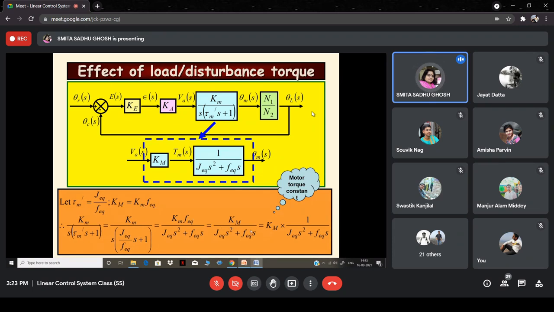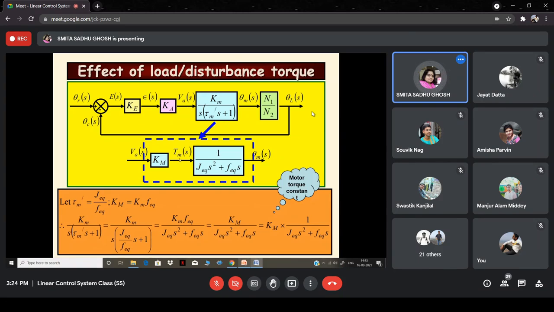And now in the denominator, you have J equivalent S square plus F equivalent S. So if I write this by dividing it into two parts separately and then cascading them together, you have Km into 1 by J equivalent S square plus F equivalent S. Why this breaking up has been shown is that we want to break it up into two separate blocks, one converting from the voltage to the torque, and the other from the torque to the angular position. So basically this is done. The block has been broken up.